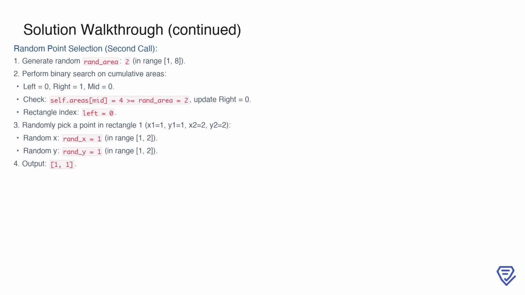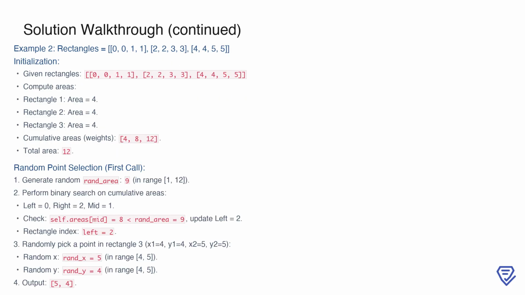This indicates rectangle 1 is selected. Now, within rectangle 1's coordinates, 1, 1, 2, 2, we randomly pick a point. For the x-coordinate, we choose a random value between 1 and 2, which is 1. For the y-coordinate, we choose a random value between 1 and 2, which is also 1. Hence, the output is 1, 1.